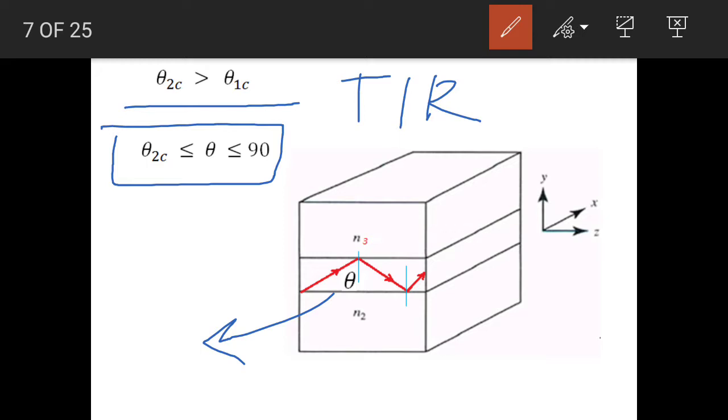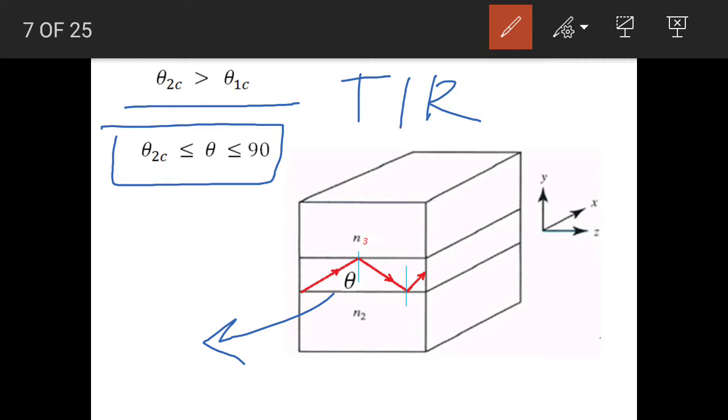We have calculated two critical angles, theta 1c and theta 2c, and for the total internal reflection, we need to consider the larger angle. We assume that theta 2c is greater than theta 1c.